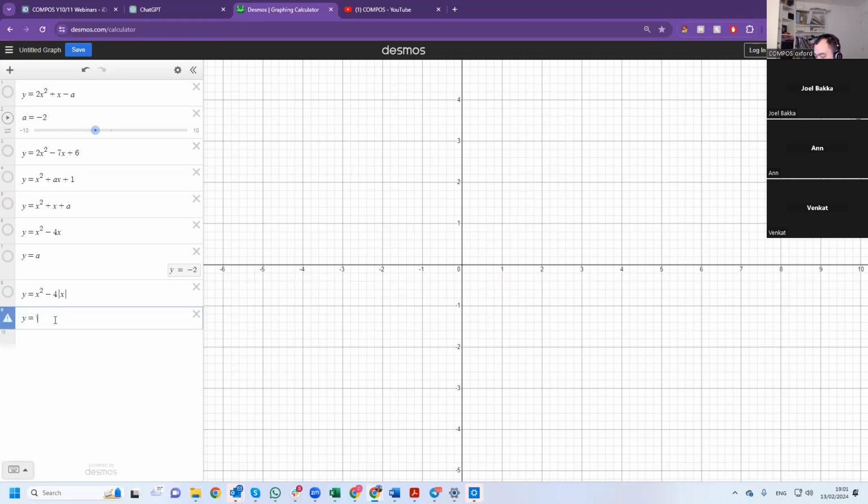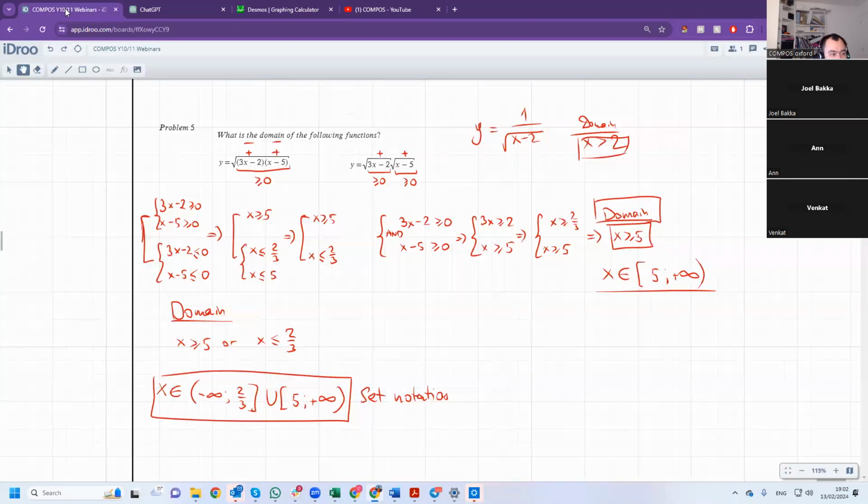Y is equal to square root of x minus 5, square root of 3x minus 2. X minus 5, 3x minus 2. Okay.